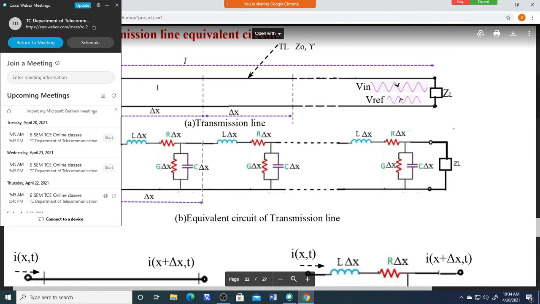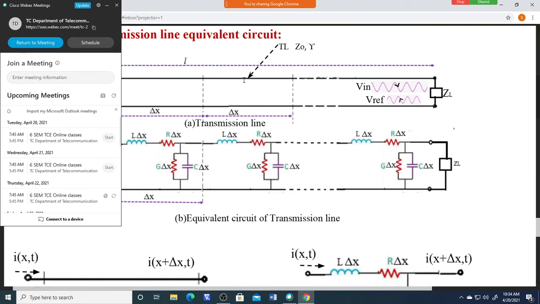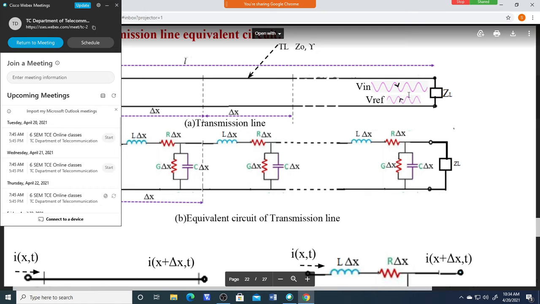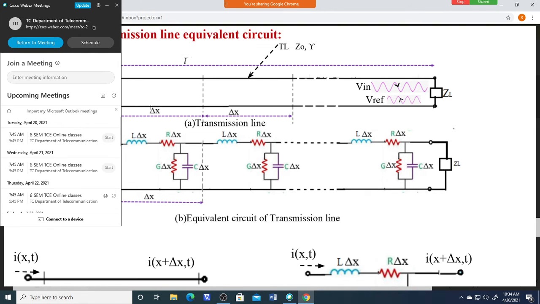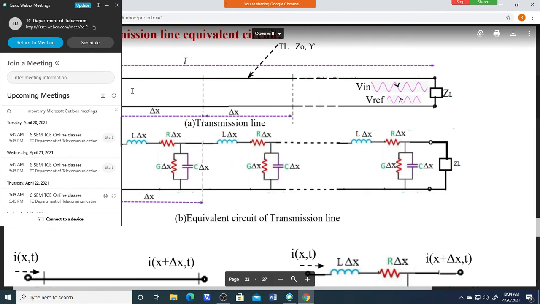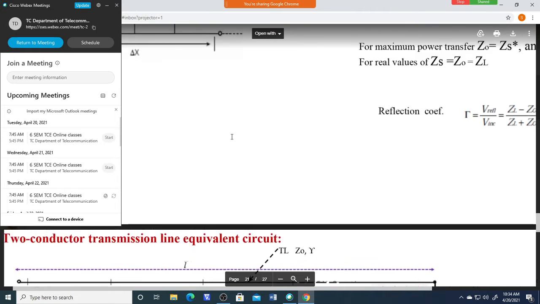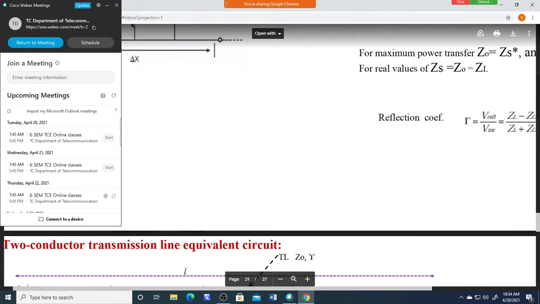Voltage and current are functions of distance here. As you move over this line, the voltage and current values change. They do not remain the same, and impedance also doesn't remain the same. If you measure impedance here, it is different.